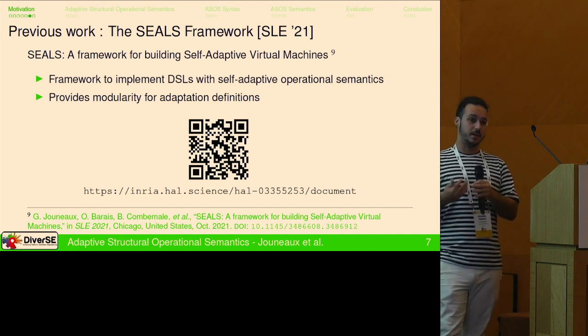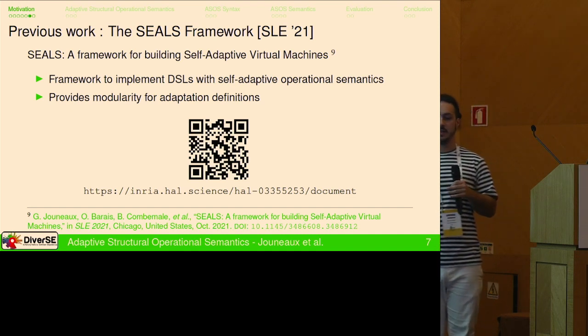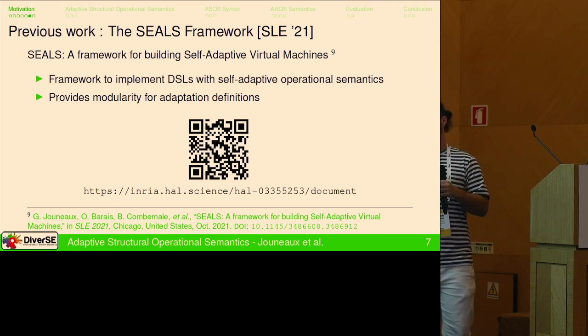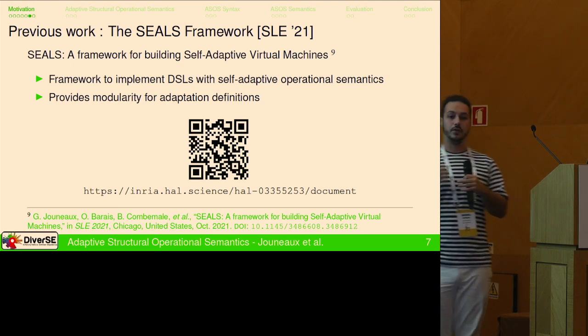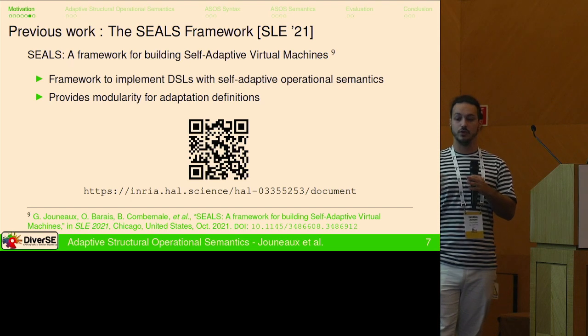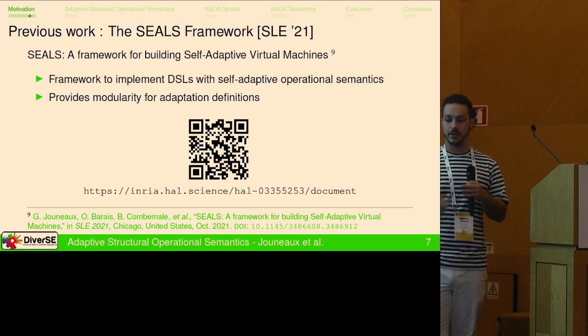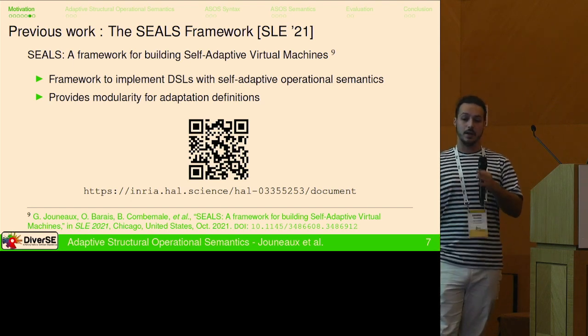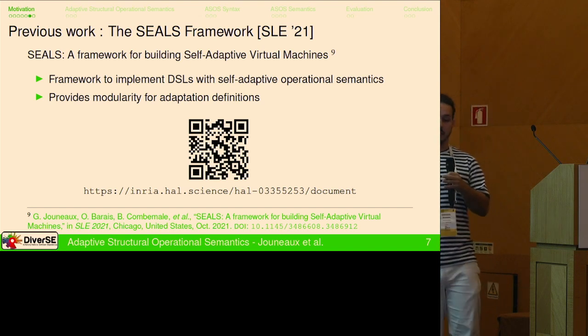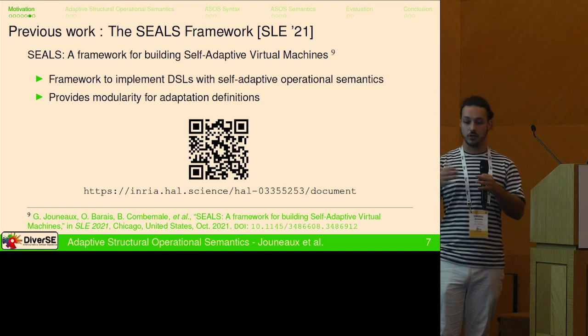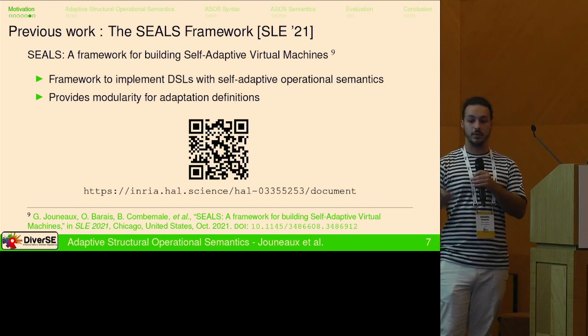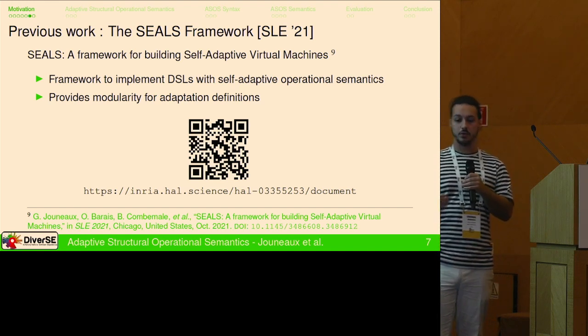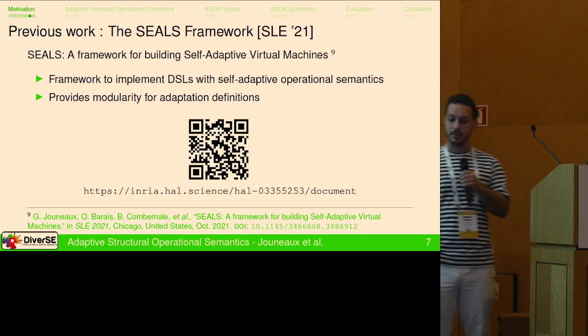What we mean by self-adaptive operational semantics is that your operational semantics will change at runtime based on the result of a feedback loop that will drive some adaptations of the semantic rules, basically. In addition, this framework also provides modularity for designing this adaptation, so you can decorrelate the creation of the self-adaptive DSL and the creation of the adaptations themselves.